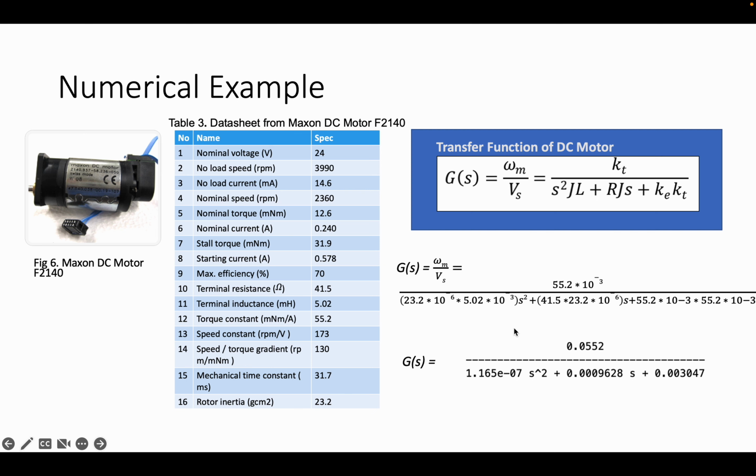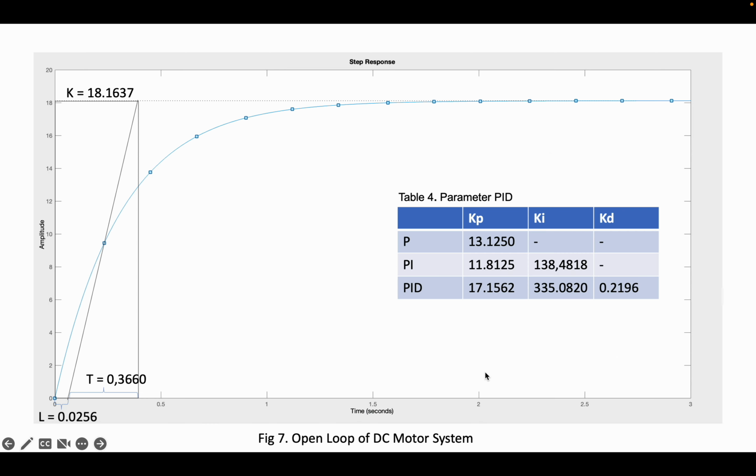of the DC motor. After that, I simulate it in MATLAB, and I get this response. From this response, I draw the tangent line of the system based on the Ziegler-Nichols first method.